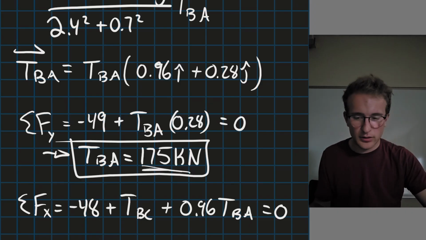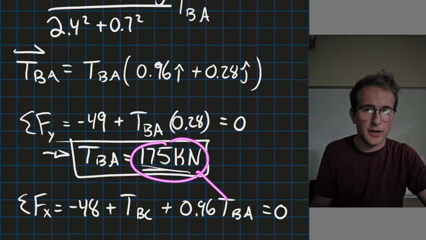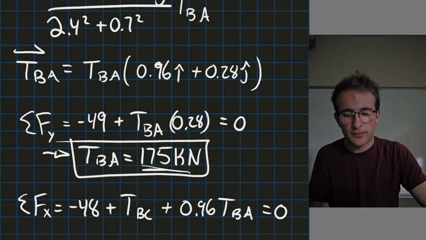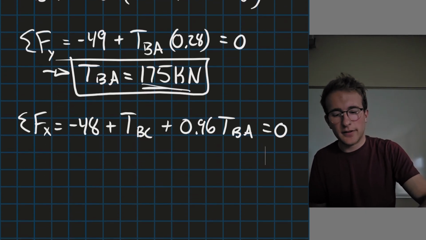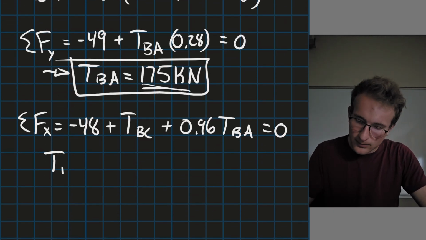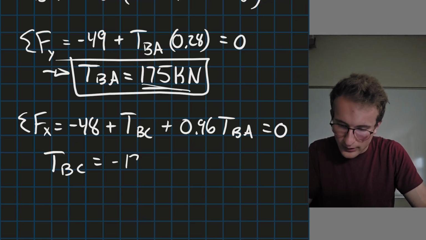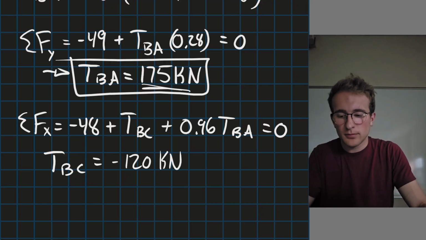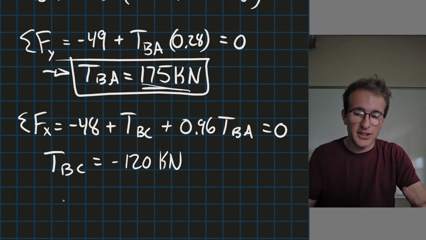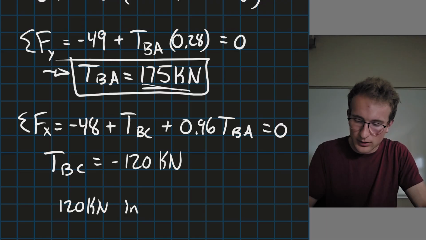Set that equal to 0. We already solved for the tension in BA. That's right here, 175. So we can plug that into that equation and then solve for the tension in BC. I get negative 120 kilonewtons. I get a negative answer, so that actually means it's 120 kilonewtons in compression.